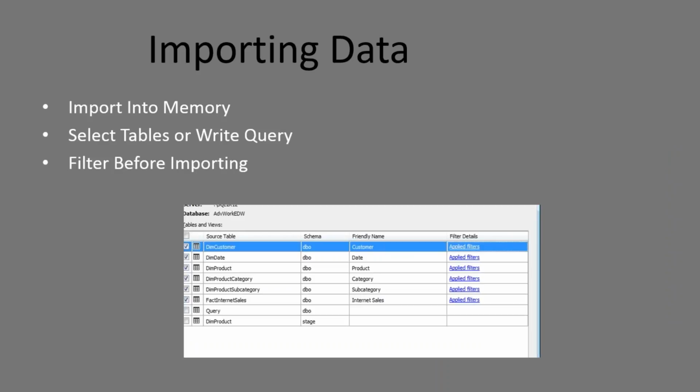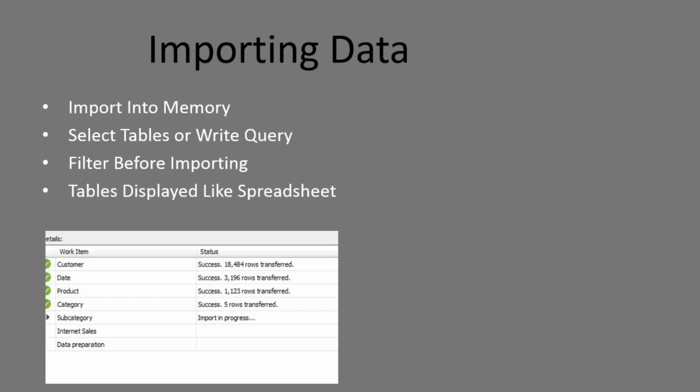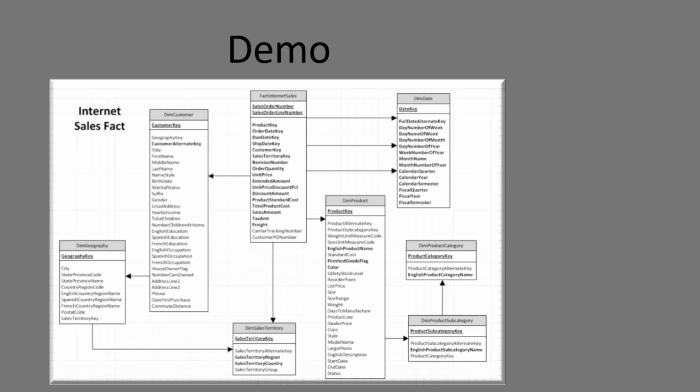And then you can filter. So instead of doing a select star from a table, which all DBAs will probably tell you not to do, you can actually filter so the select statement is to specific columns of that table. And then when the tables are imported, they display just like a spreadsheet, which we'll see in just a second with a demo, which we're coming to now.